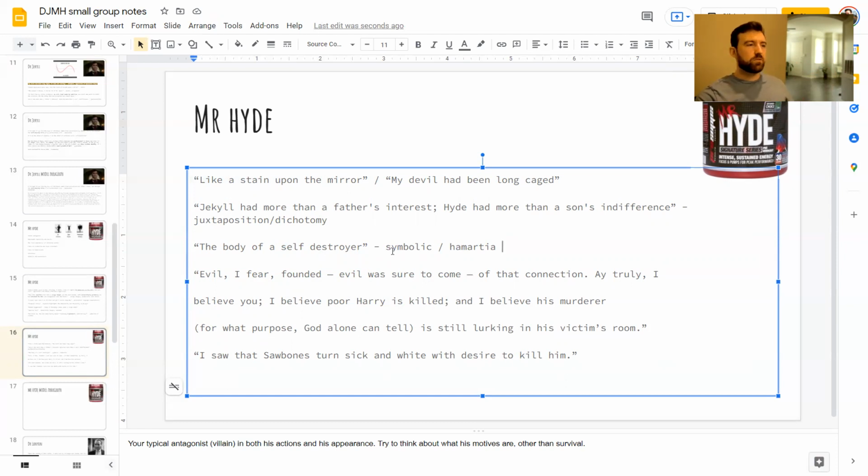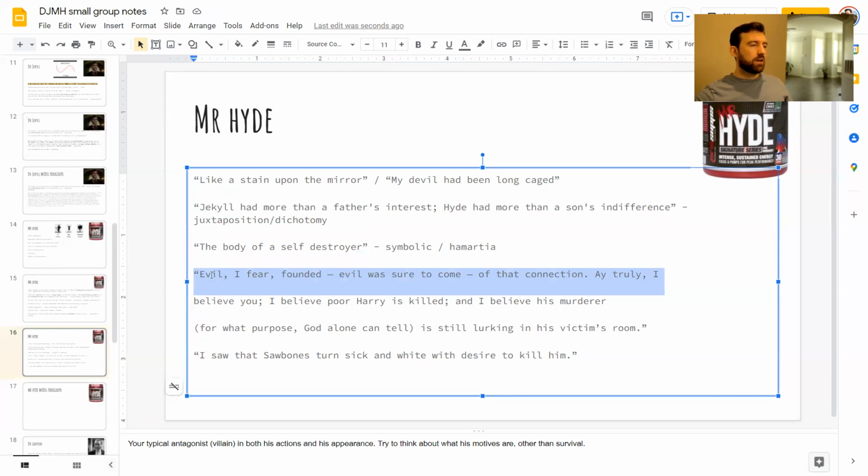But his fatal flaw potentially is his self-destructive nature, right? That there is no boundary to Mr. Hyde. You can't live like that in the real world. You can't just do whatever you want all the time, including every impulse that you have, because it ends up really messy, like with Mr. Hyde.